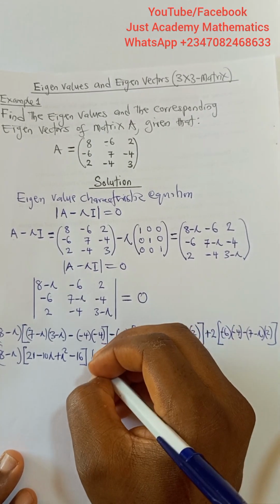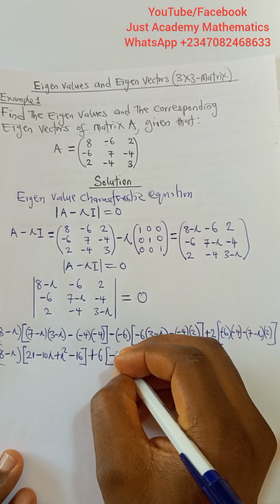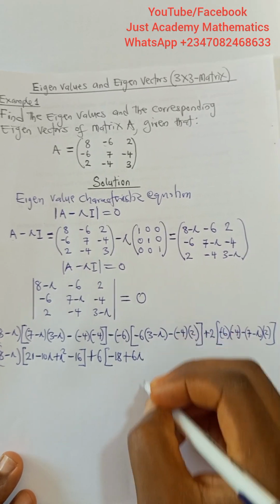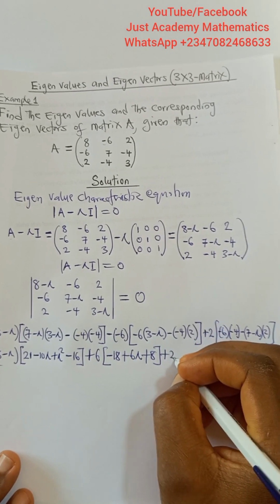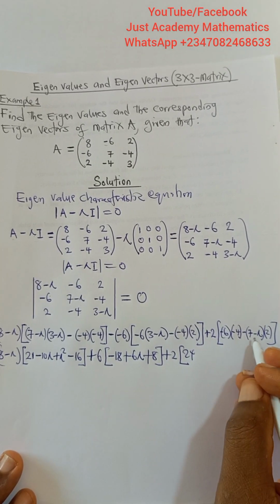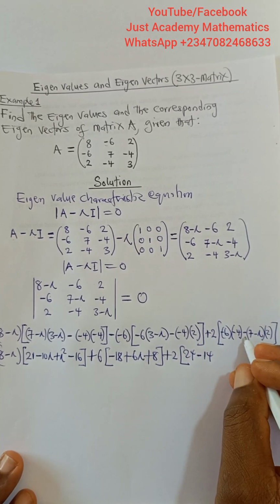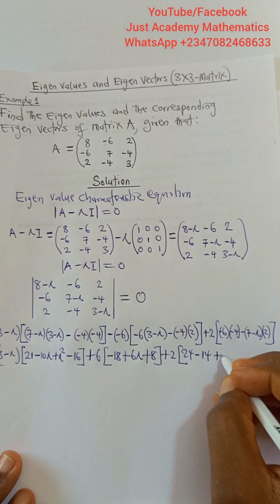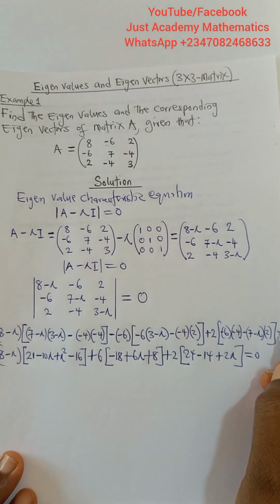Then plus 6 bracket; if you open this bracket, we'll get minus 18 plus 6 lambda, then that one will give me plus 8. Then plus 2 bracket, plus 24 minus 7 times 2 which is 14, minus 2 times minus lambda times 2 will give me plus 2 lambda. Remember, equals to 0.